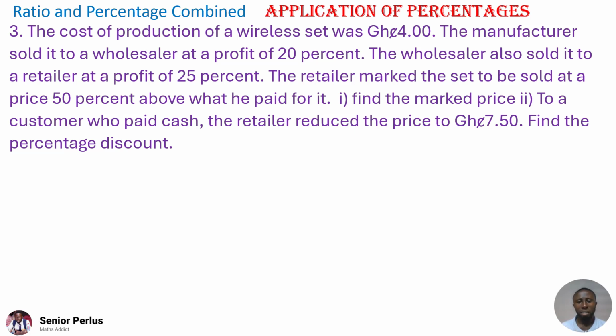The retailer marked the set to be sold at a price of 50% above what he paid. Find the mark price. To a customer who paid cash, the retailer reduced the price to 7 cedi 50 pesewas. Find the percentage discount. Wow, what a question. Solution.